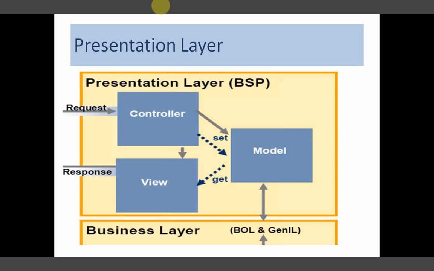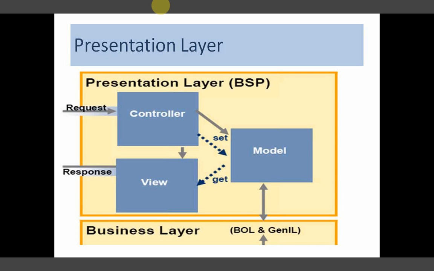Now the other layer, the underneath layer, is the business layer. The interaction of the presentation layer with the business layer is via the model, because the model has to fetch the business data, which we can call business objects.